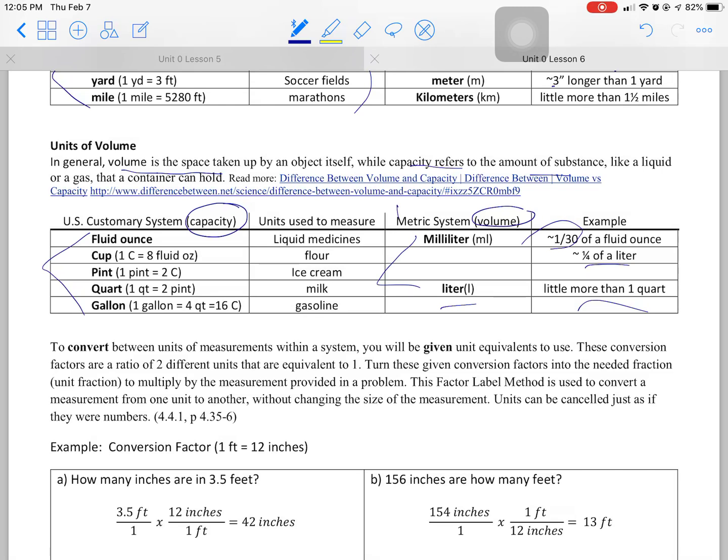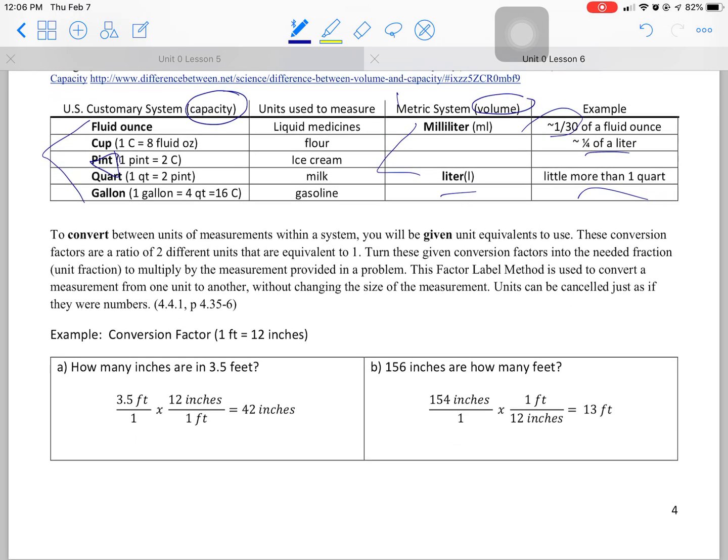So that's why you're buying a 2-liter soda, or maybe they're not going overseas and they're selling you a pint of ice cream with so many ounces in it. So it just depends how they're marketing their product as to which one goes on there and where they're from. That's a whole nother thing.